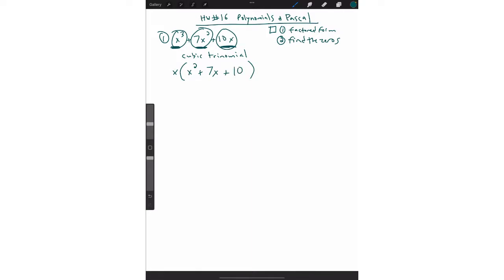If I re-multiply this using distributive property, x times x squared gives me x to the third, x times 7x gives me 7x squared, and x times 10 gives me 10x. So I'm just going to rewrite this below, the same exact thing. If I multiply and use distributive property, I really haven't changed this at all. I've just taken out an x.